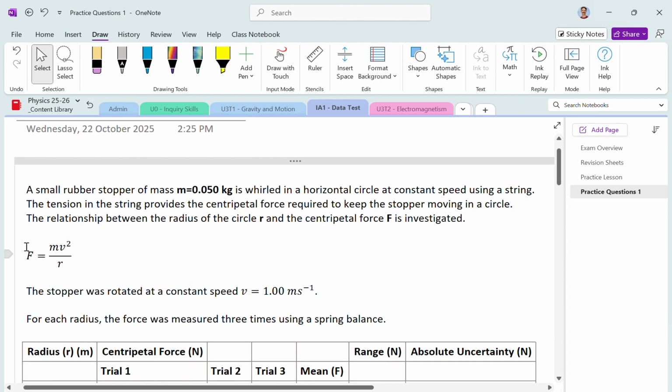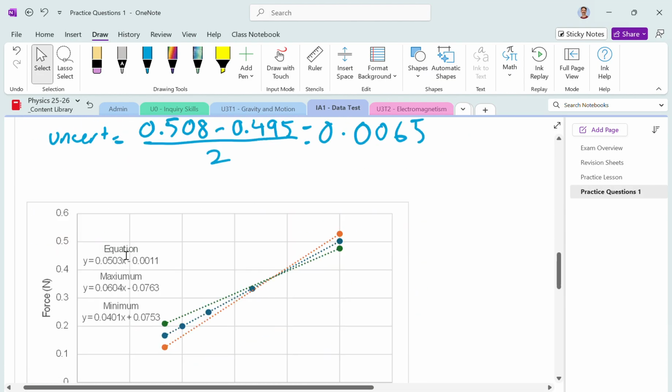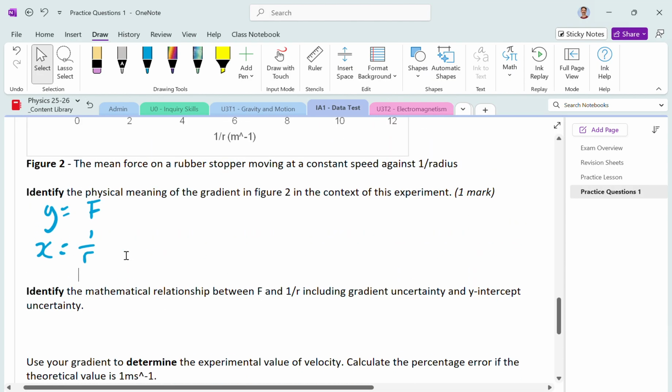You'll be given any of this sort of information in the data set or the question, and we can look at the formatting of this. We're given the formula force F equals mv squared over r. We could rewrite that as force equals mv squared multiplied by 1 over r.